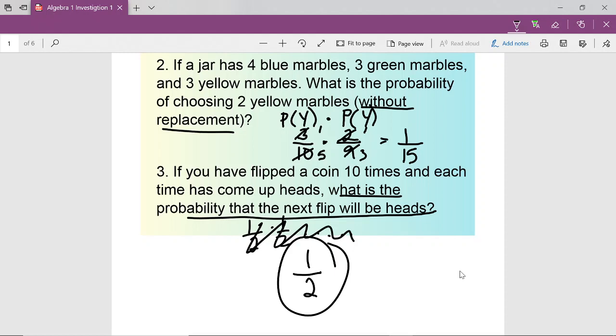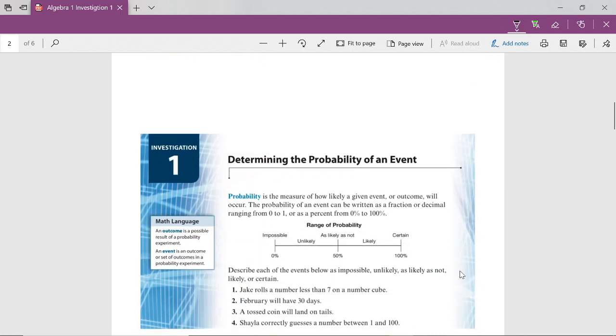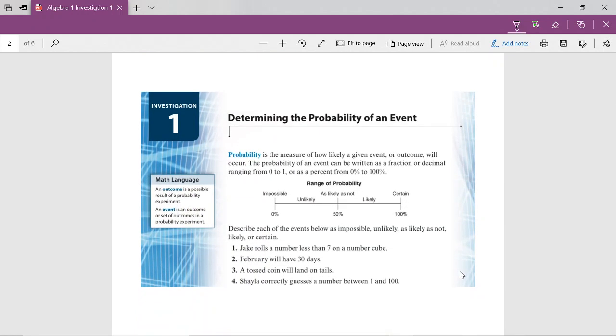Okay, so diving into this investigation, probability is the measure of how likely a given event or outcome will occur. The probability of an event can be written as a fraction or decimal ranging from 0 to 1, or as a percent from 0% to 100%. You can see this range with different words to describe the different parts of it. In math language, we have 2 different vocab terms.